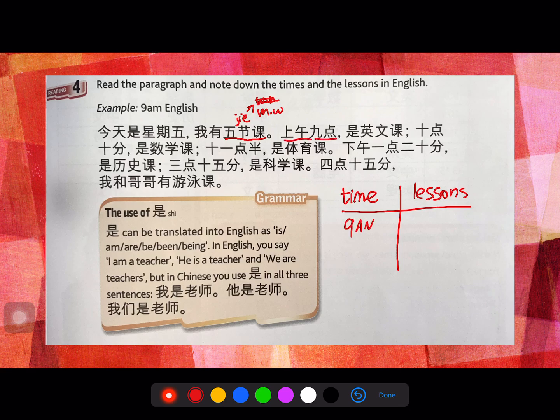So 9 a.m. is 英文课 English. Okay, 10点10分 10:10.